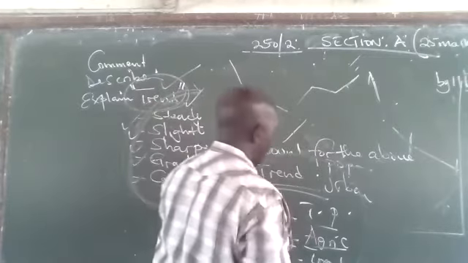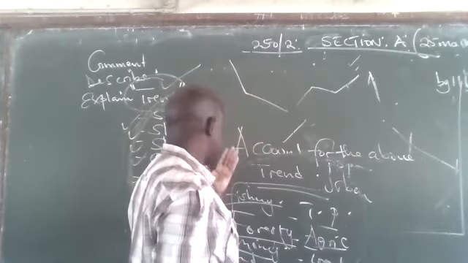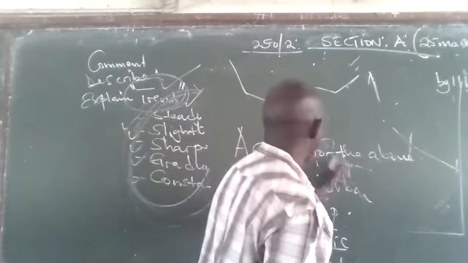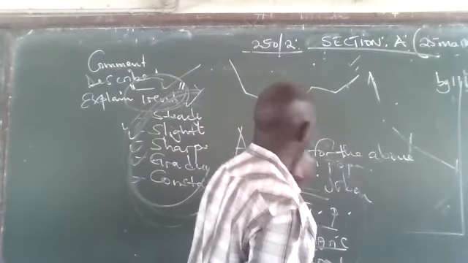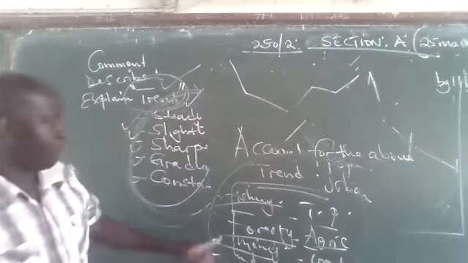So they tell us the factors that have led to the decrease, which we can term to be a decline, but we shall not use the word decline. So we shall say factors that account for the decrease in the amount of fish production.